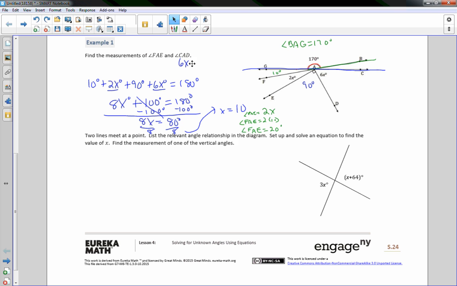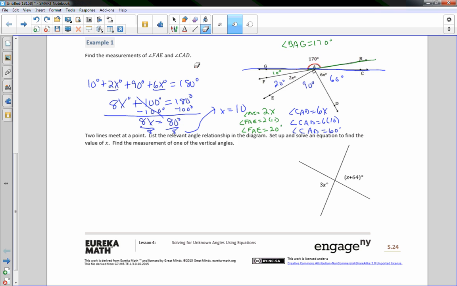If I take this 6x, which is CAD, so angle CAD equals 6 times my x, which is 10, then angle CAD equals 60 degrees. So this is 20 degrees, this is 60 degrees. 10 plus 20 is 30, 30 plus 90 is 120, 120 plus 60 is 180 degrees, and those are angles on a line.